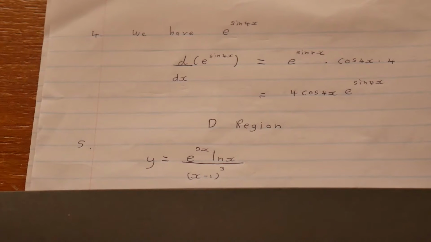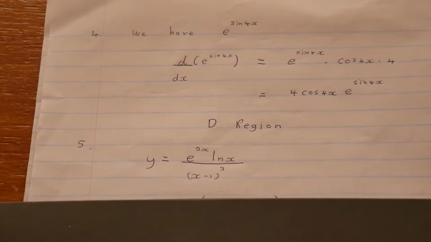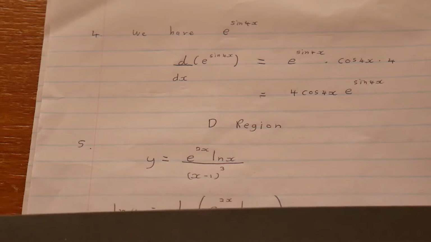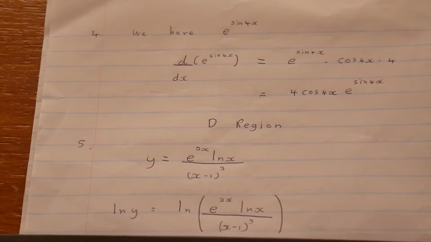So here we have our first question. So how do we do log differentiation? Well, when we have our question, first thing we do is we want to log both sides of the equation using the natural log ln, which is log to the base e.